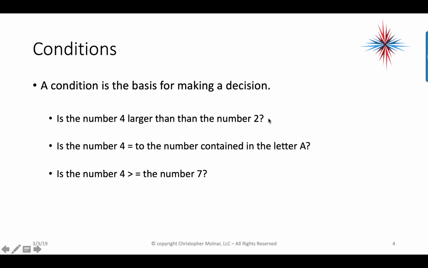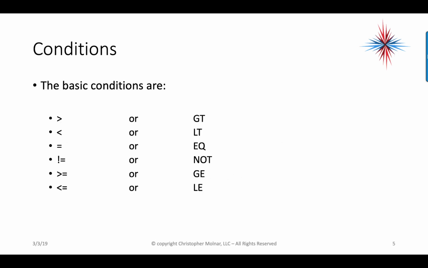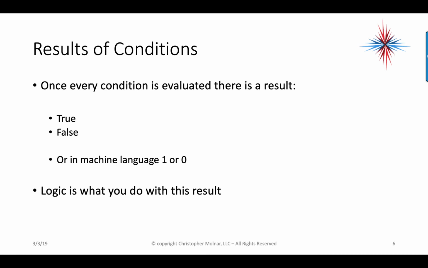Yes, so it's true. Is the number 4 equal to the number contained in the letter A? Of course, you'd have to know what's in the letter A to evaluate this condition. Is the number 4 greater than or equal to the number 7? This would be false. So everything ends up with a true or false based on the condition.